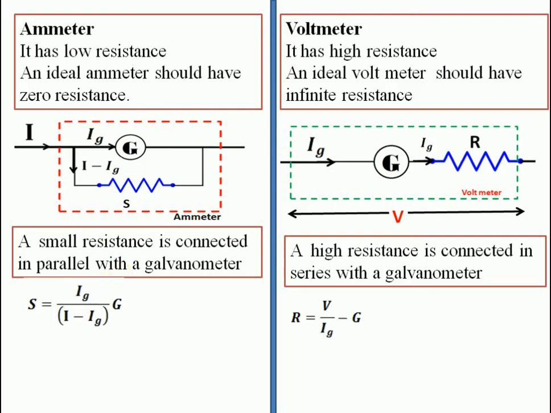This is the formula to calculate the value of the shunt, and this is the formula to calculate the value of the resistance which is connected in series. Here the effective resistance is less than the shunt, and here the effective resistance is more than G.